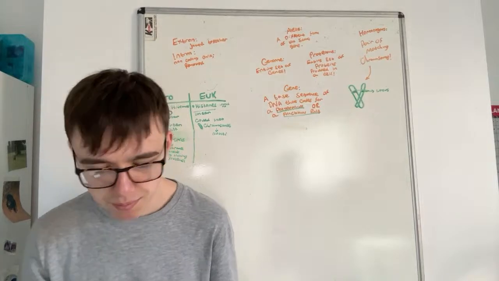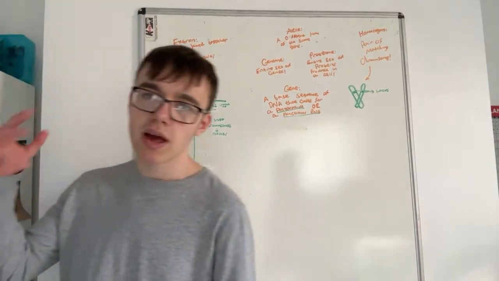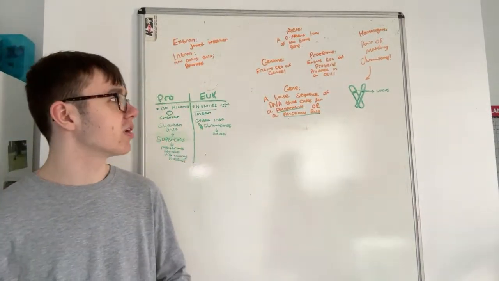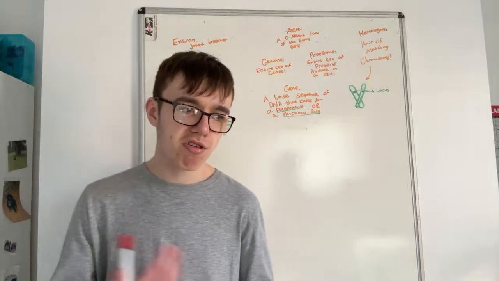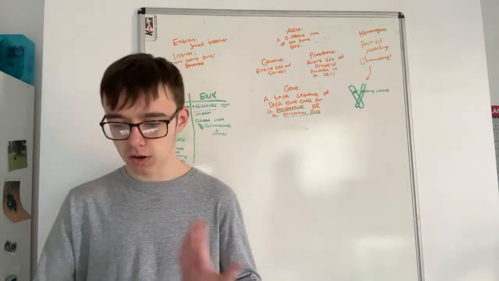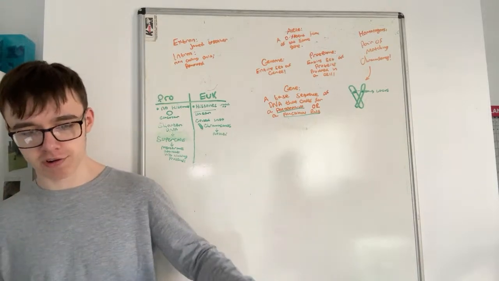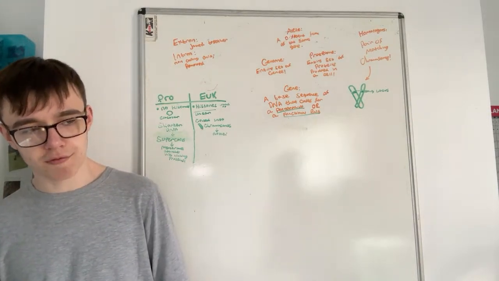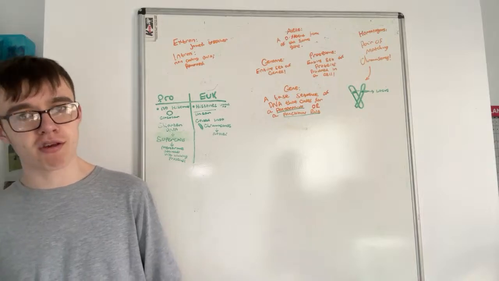So, we know now. An allele is a different form of the same gene. A gene is a base sequence of DNA which codes for a specific polypeptide or functional RNA. We know the difference between prokaryotic and eukaryotic DNAs.